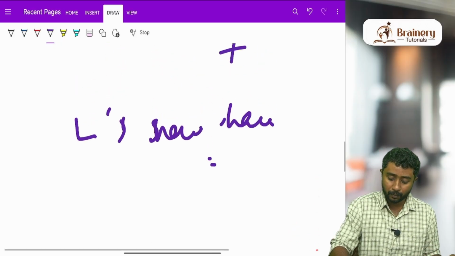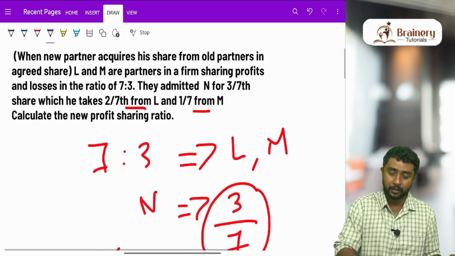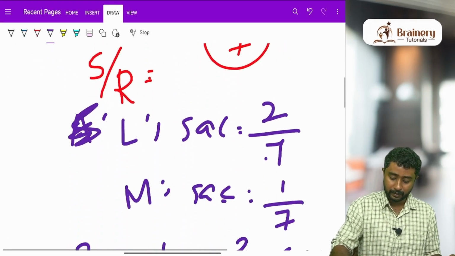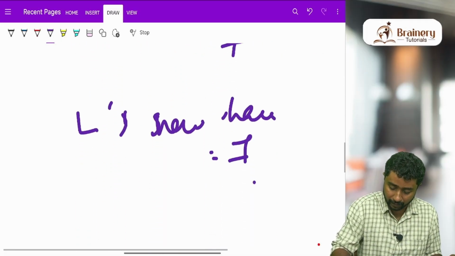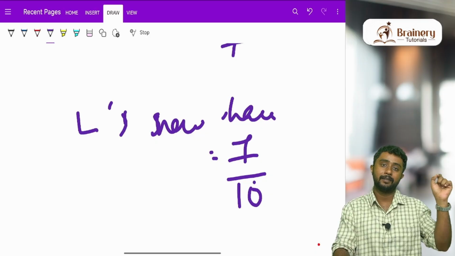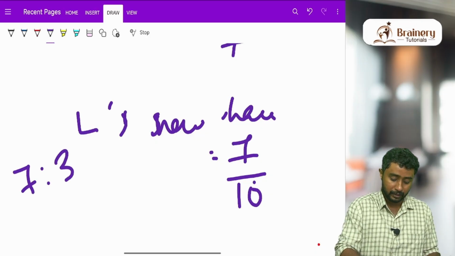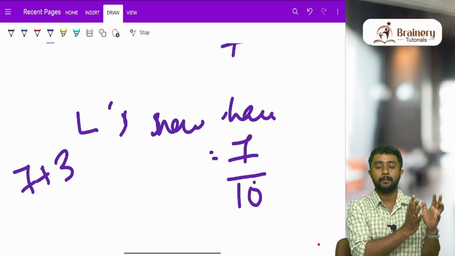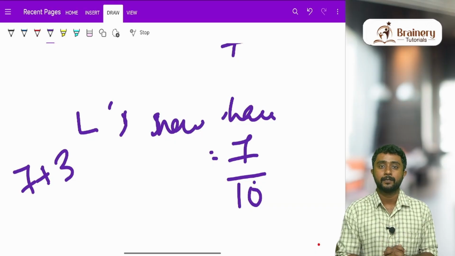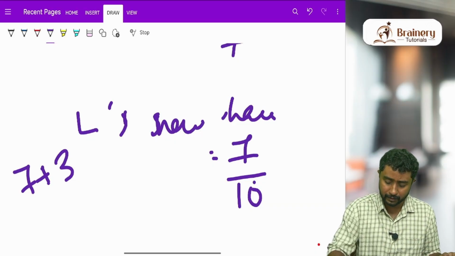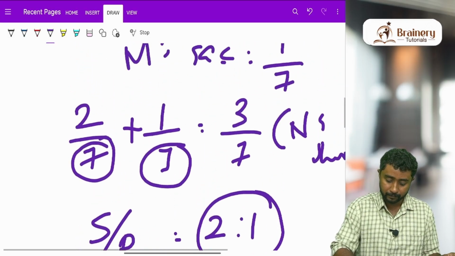Similarly, L's old share of profit was how much? We'll see the profit sharing ratio, 7:3. So 7 out of 10 shares was with him before. How 7 out of 10? Because the ratio was 7:3 before, so 7 plus 3 is 10. They were dividing profit into 10 parts, and 7 belongs to L and 3 belong to M. Out of 7 out of 10 shares, how much did he give?